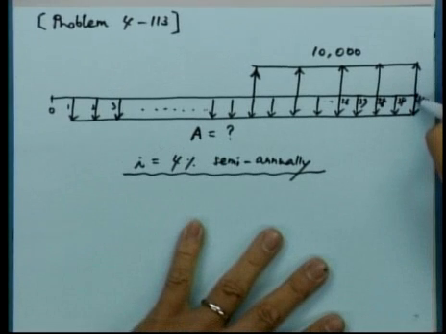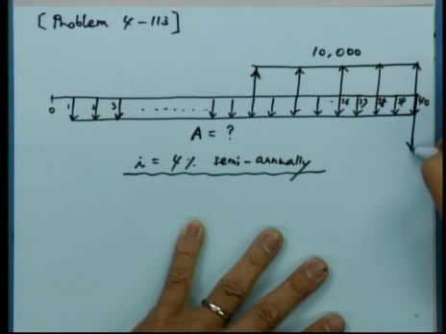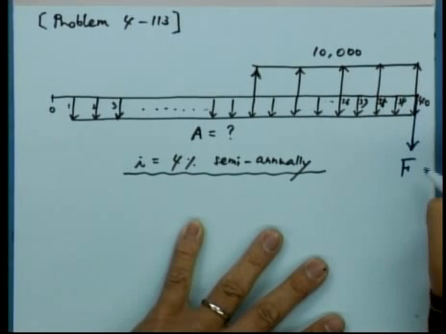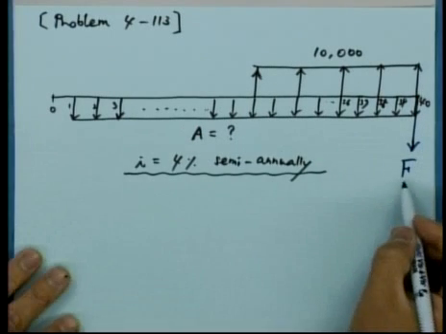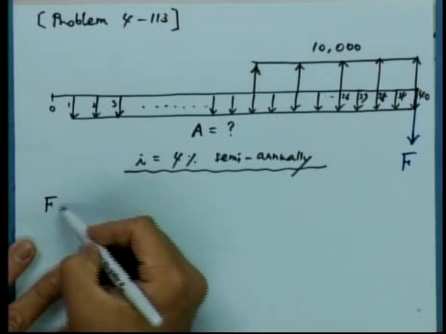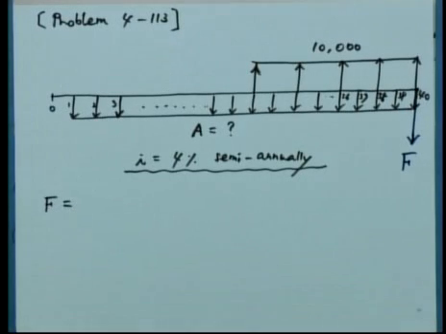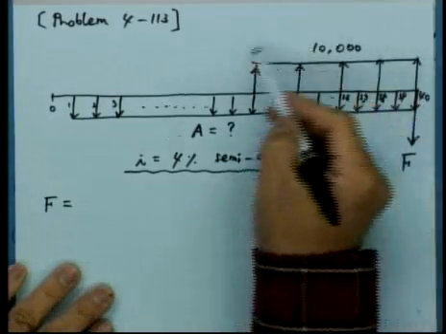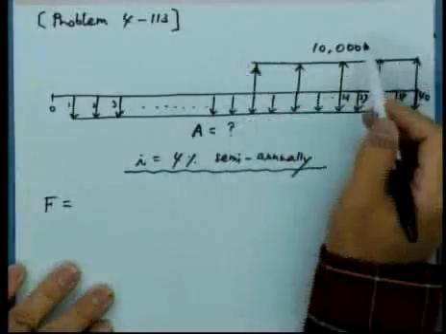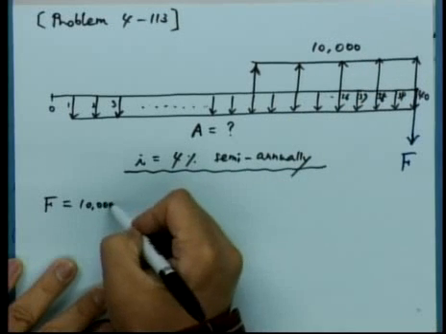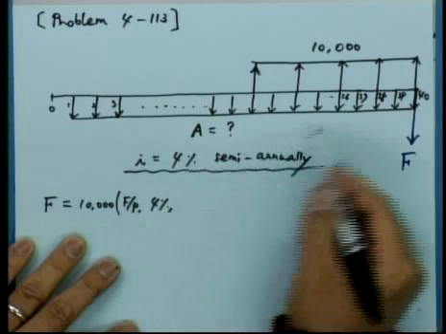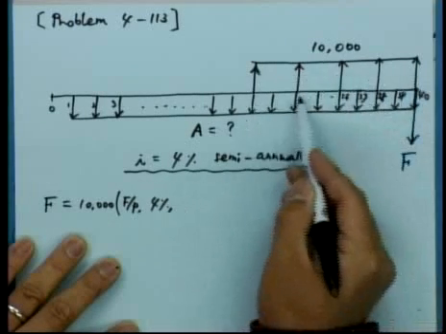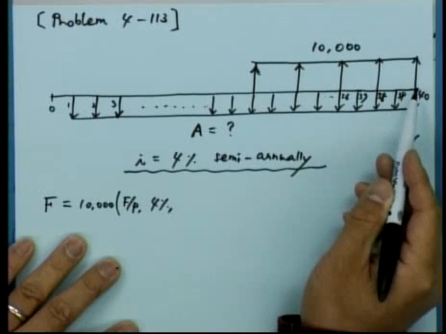So here, let's say at the end of the 40th period, we have a future sum F. Okay? Then this future sum F would be the same as this positive cash flow, which is 10,000 times F given P, 4% over how many periods? 8 periods. Okay? That's the tricky part, right?